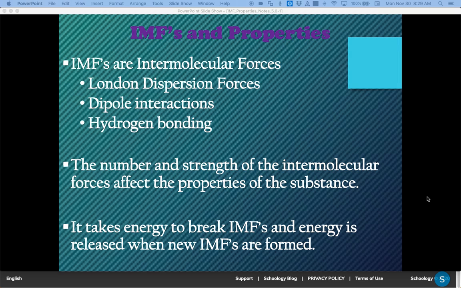And the last thing is that it takes energy to break intermolecular forces. If you think about magnets, pulling a magnet apart takes energy. The more the magnets want to stick together, the more energy it takes to pull them apart. Likewise, when they come together, energy is released.